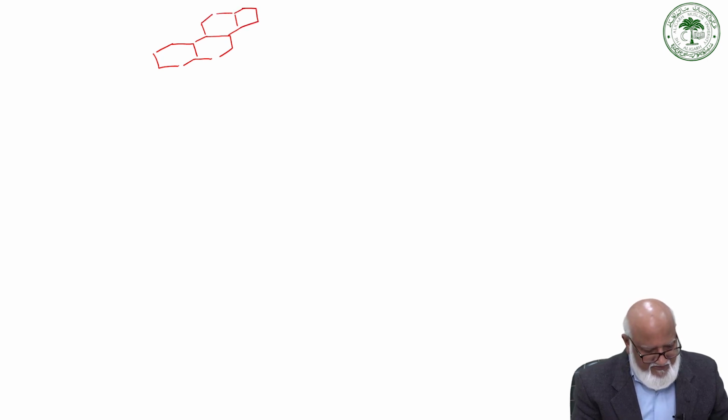So a Stoichel system, and then we have the ester O, C double bond O. This is CH2, CH2 twice.